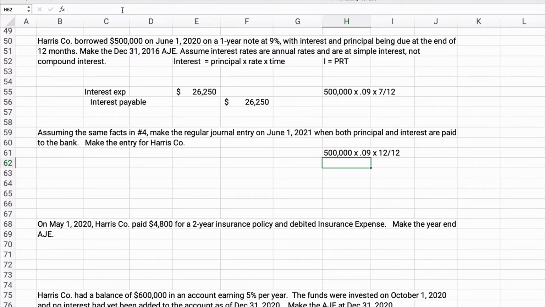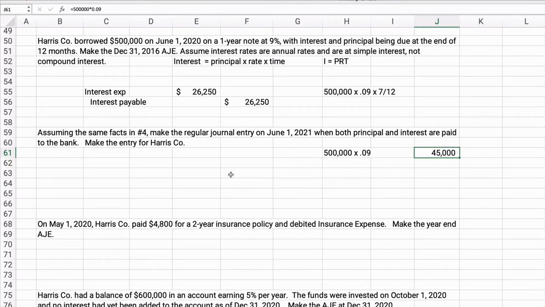So just 500,000 times 9%. What's the total interest that happens here? Well, it's going to be 500,000 times 0.09, which should be 45,000. All right, so 45,000 is our answer.